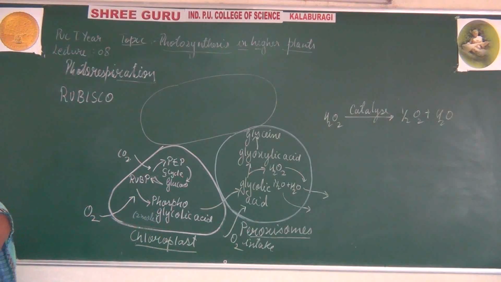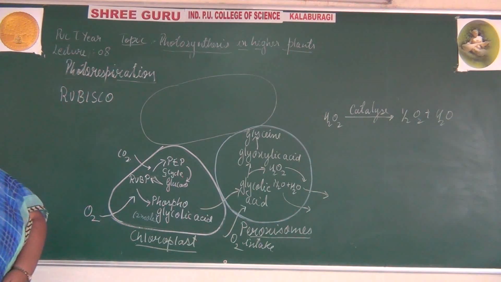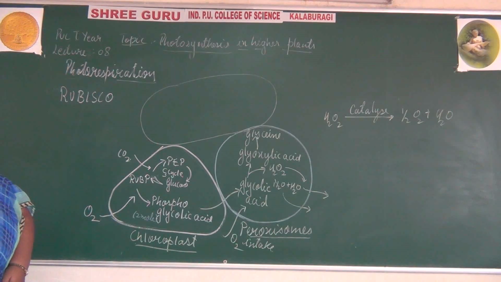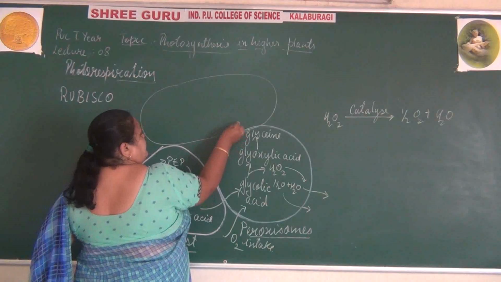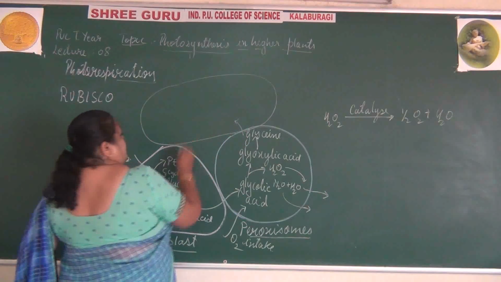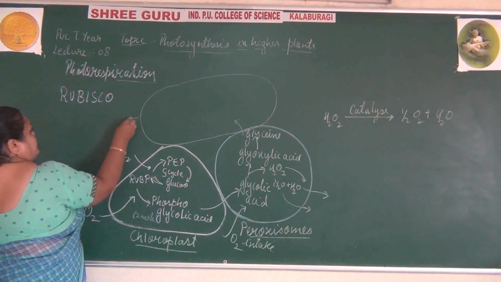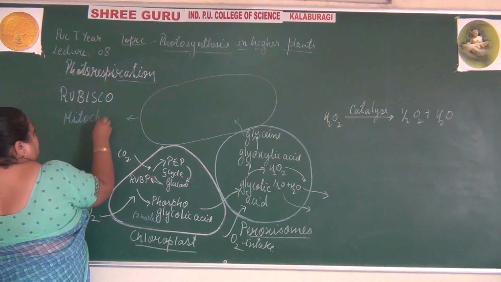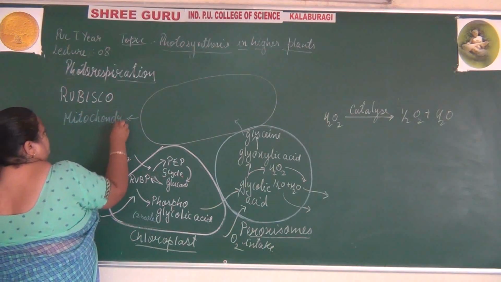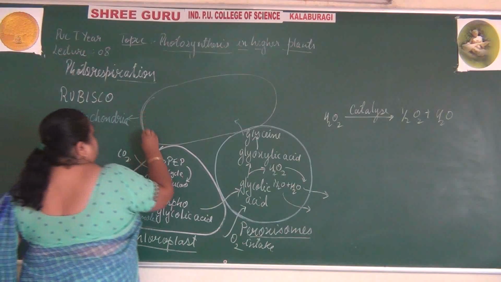Now this glycine enters into the mitochondria. So the third organelle is mitochondria.